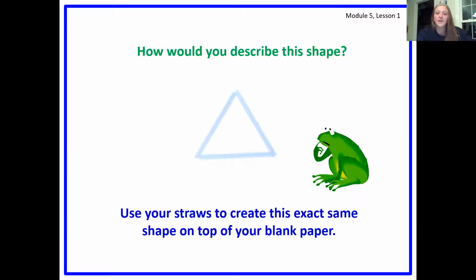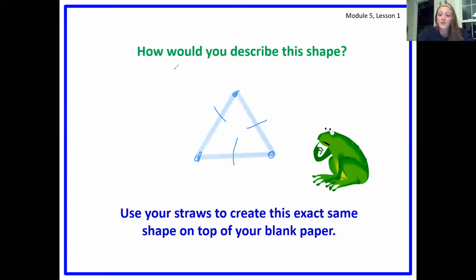Well, I see that there are 1, 2, 3 sides or 3 straws. And then I also see right here, there's 1, 2, 3 corners, or what we call the vertices, right?